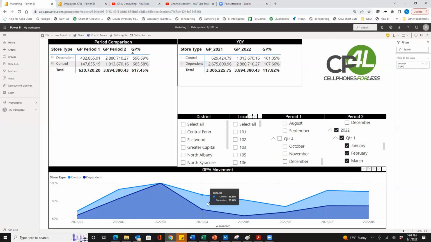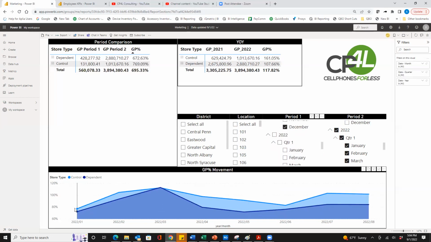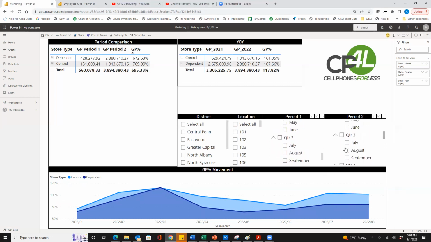So the control group held stronger, and I can change that number. Let's say that instead of March of this year, I want to pivot to December, and you'll see that number and that movement changes. And this is really the beauty of being able to identify those systems and then look at how that control variable shows where your money is going.